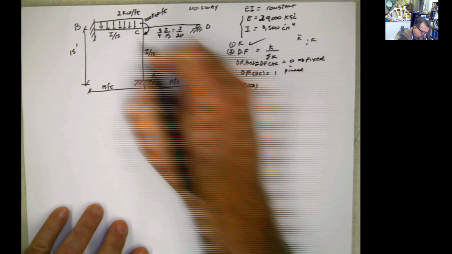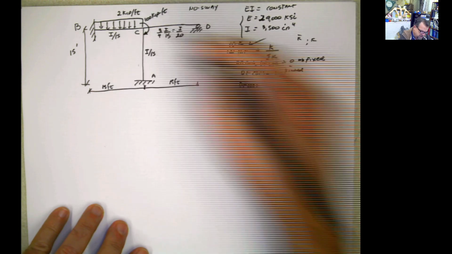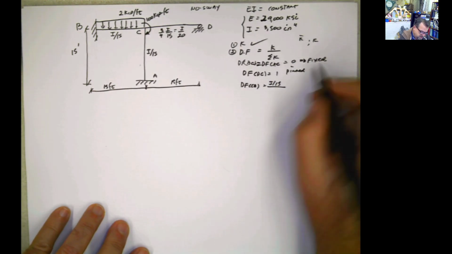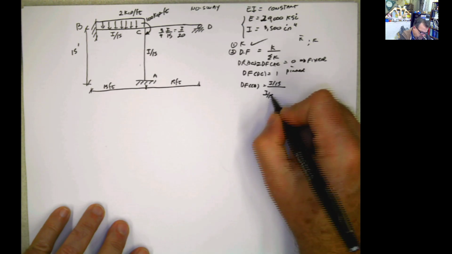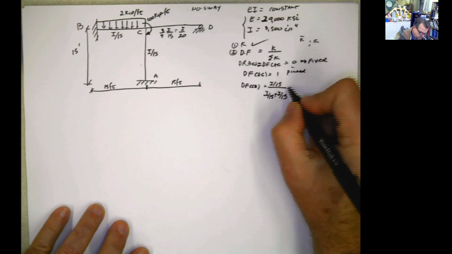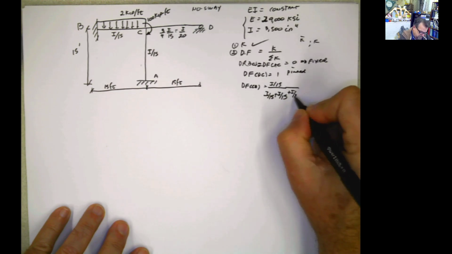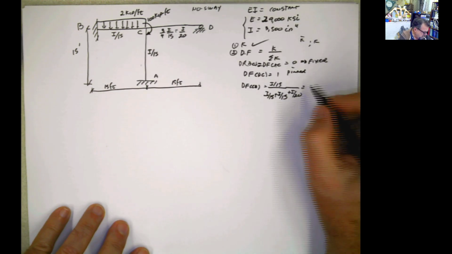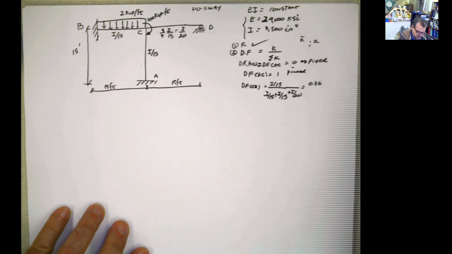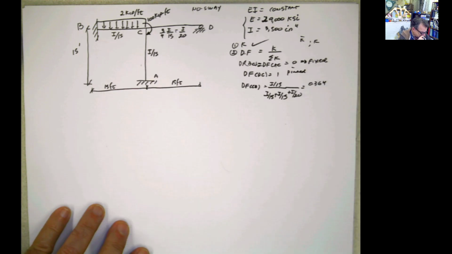CB is the K of CB, which is I divided by 15, divided by the summation of K's: I divided by 15 plus I divided by 15 plus I divided by 20. When you do that, the distribution factor is 0.3636, so 0.364.